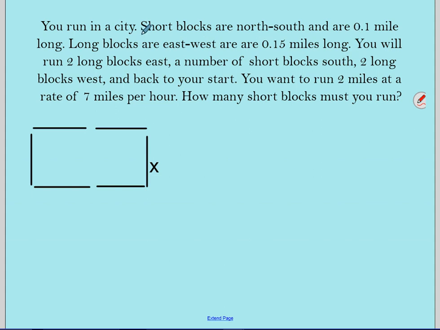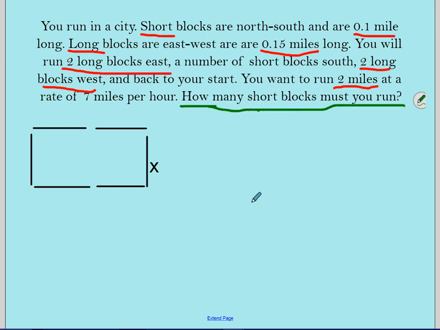It's important to know that the short blocks are 0.1 miles long, the long blocks are 0.15 miles long, that I'm running 2 long blocks east and 2 long blocks west, and that I want to run a total of 2 miles. I also want to look at how many short blocks I need to run. That's what I'm trying to solve.